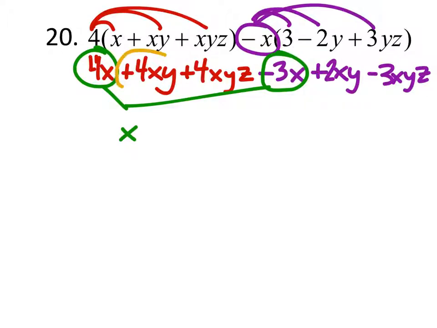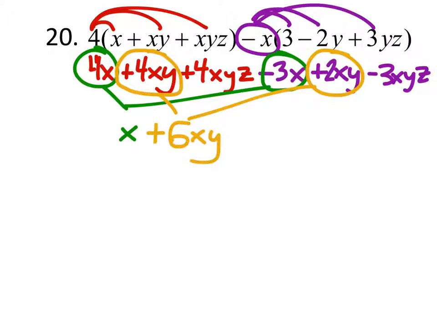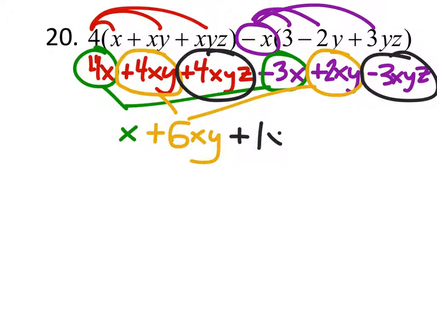Well, then I've got these xy's and these 2xy's, so when I combine them, 4xy's and 2xy's would be 6xy's, which are positive. And then finally, our xyz's, 4 of these and negative 3 of those would give us a positive 1 xyz. And again, we don't really need to show the 1 there, but you can.